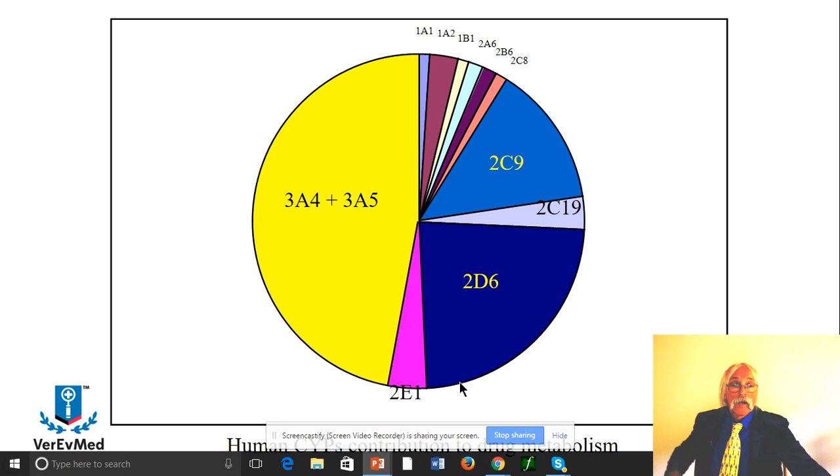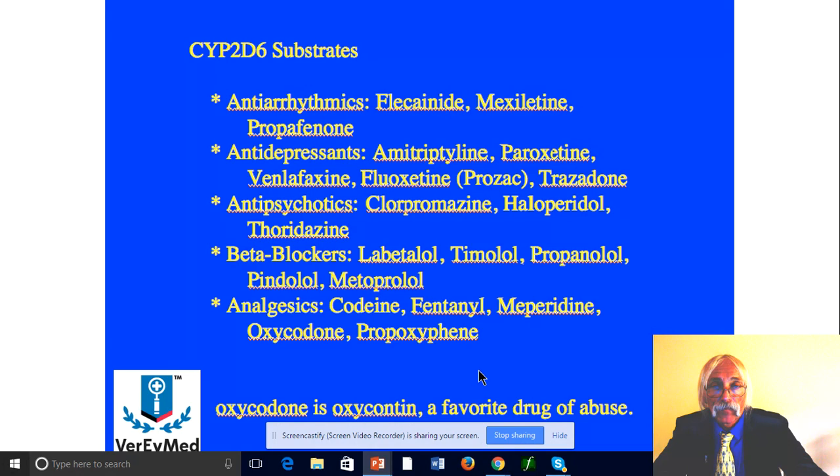All right. Now, here's kind of a pie chart looking at cytochrome P450 families. You see there's a great deal of them that are in the 3A4 and 3A5 family, right? Not much of these here. Fair amount of 2Cs and 2Ds. Okay, so just give me an idea of the distribution. So, real quickly, CYP2D6 substrates. Look at all of these compounds they work on.